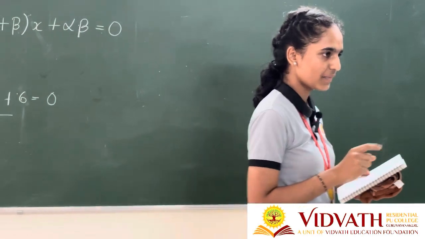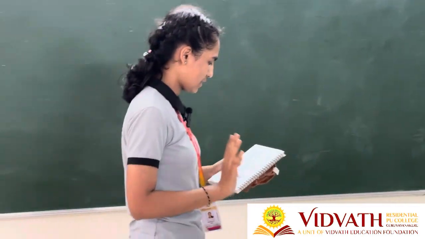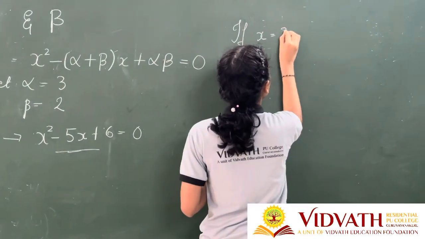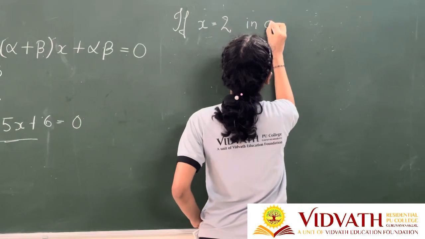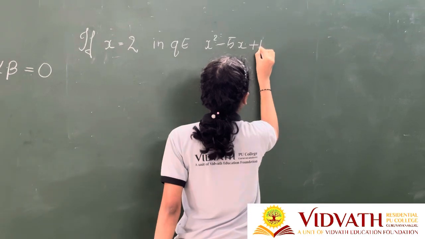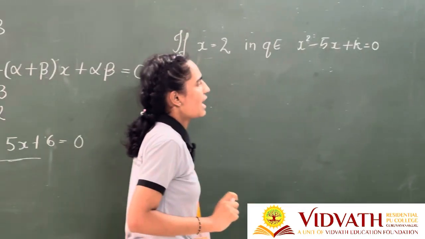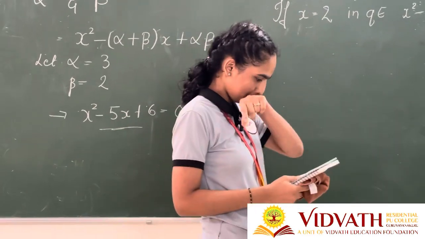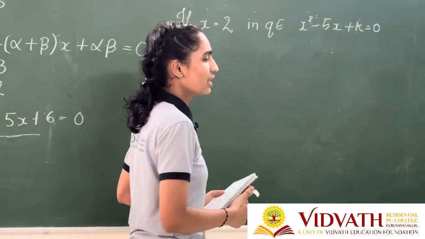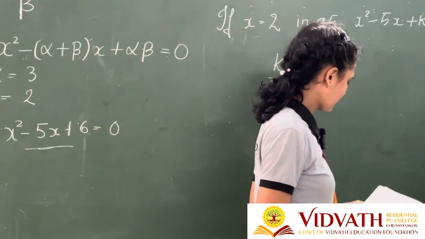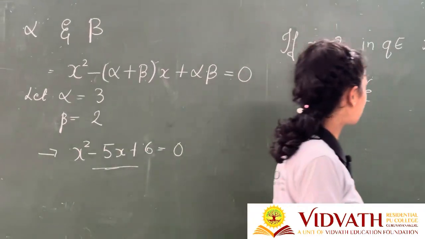If x is equals to 2 in a quadratic equation x square minus 5x plus k is equals to 0, then can you find the value of k? Yeah, it's 6, where the k value is 6. So let's move on to another topic.